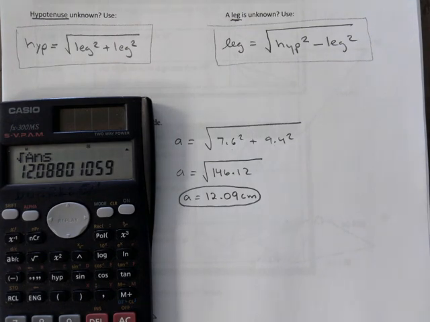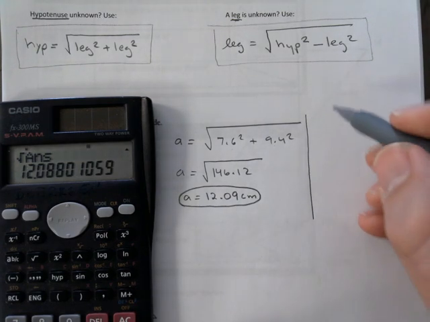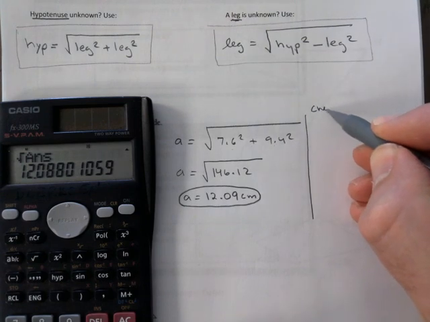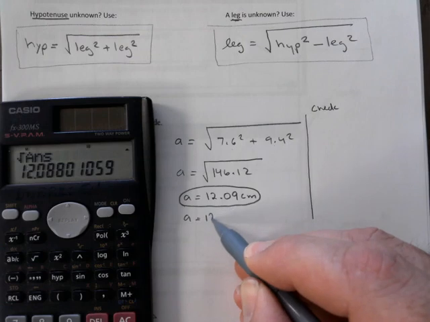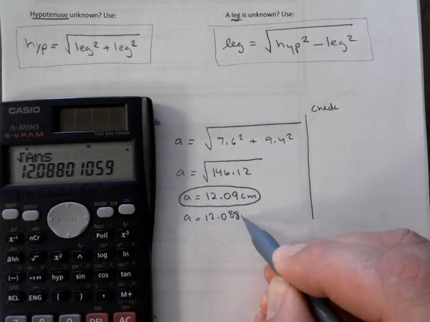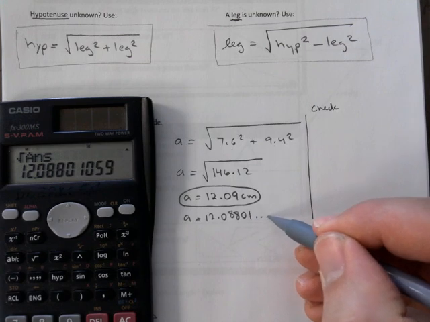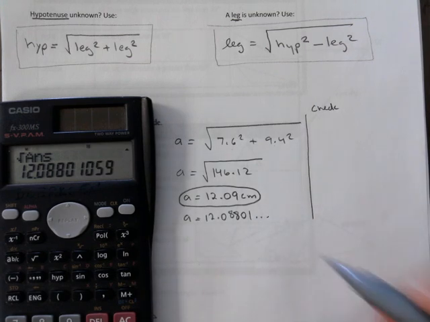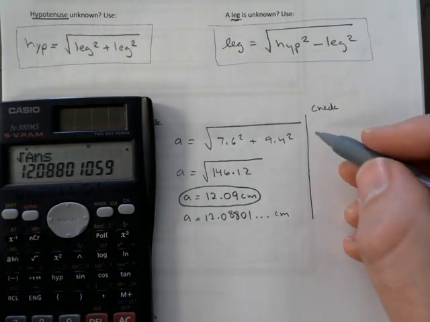I'm not going to clear my screen because I want to show you something. Check. I'm just going to put down under this that A was 12.08801, and I kept going. And I want you to be able to do this, right?